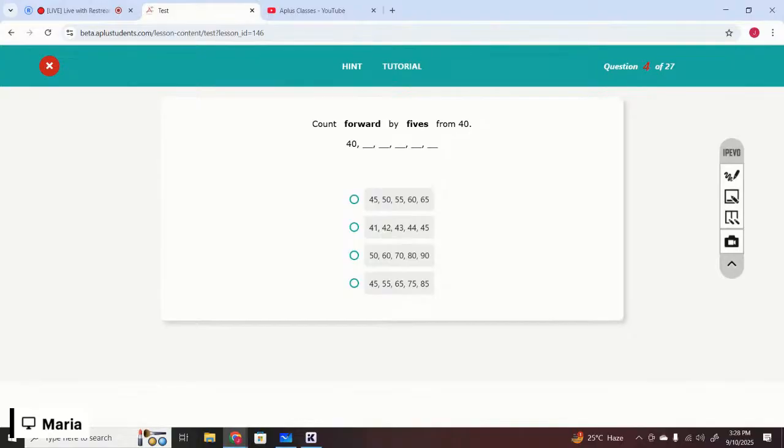Count forward by 5 starting from 40. So start with 40 and count up by 5.